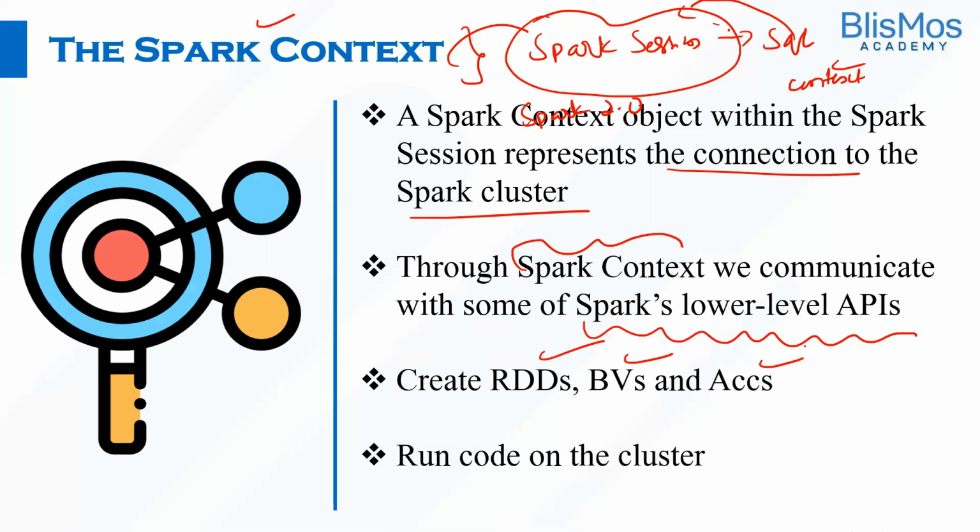Through the Spark context, we'll also be able to run the code on the cluster. So the Spark context is one of the important components within the Spark session to run the code on the cluster. So we understood whenever we write a Spark code, we need to ensure that the Spark session is created. The Spark context is the one which is responsible for communicating with the low level APIs, and even through that we'll be able to run the code on the cluster.